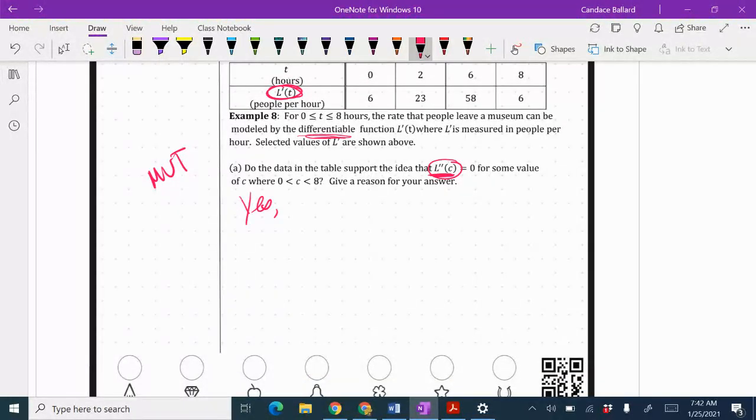So yes. And you start by saying L prime of t is differentiable, which implies that it's continuous.